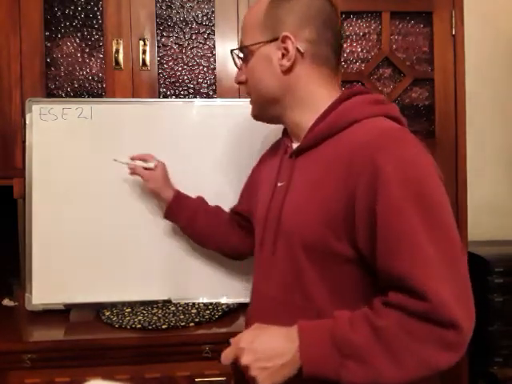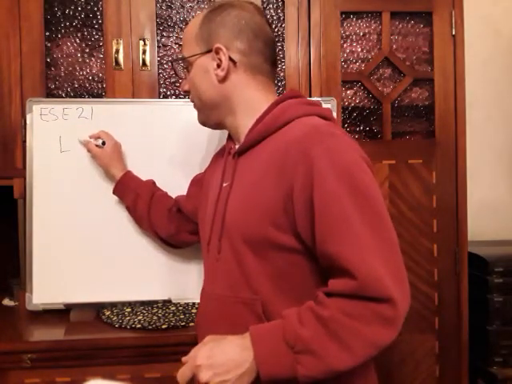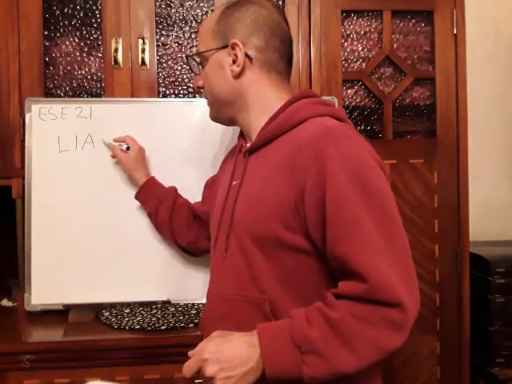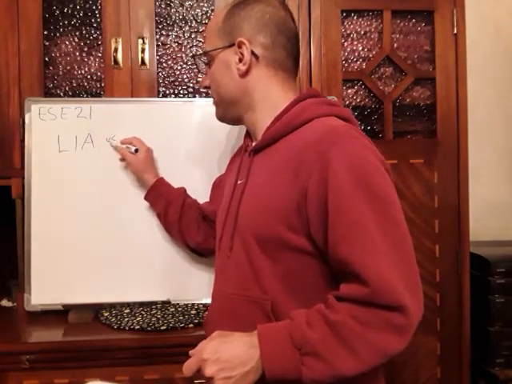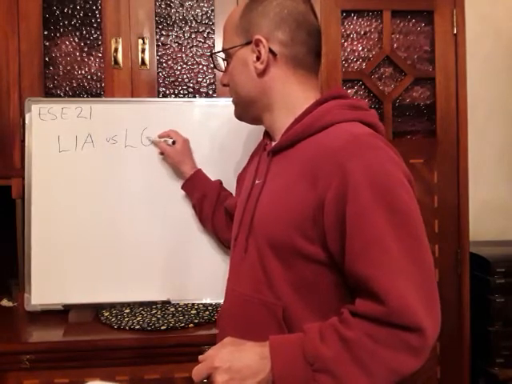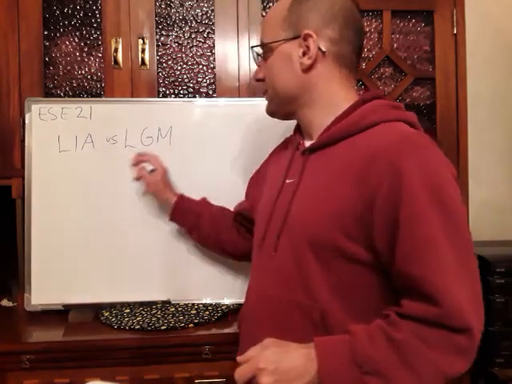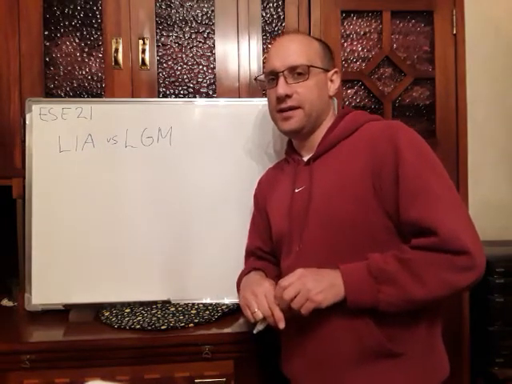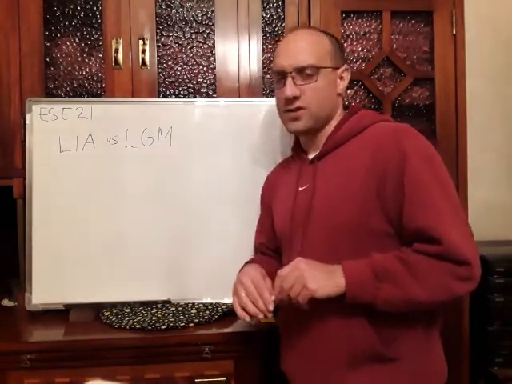I wanted just here to highlight the difference between LIA versus the last glacial maximum. So LIA is Little Ice Age. It happened a couple of hundred years ago.